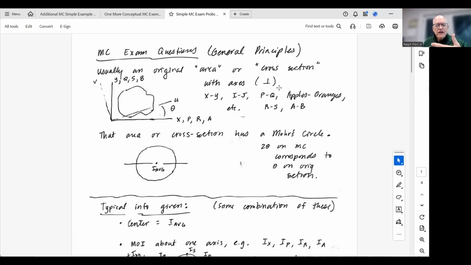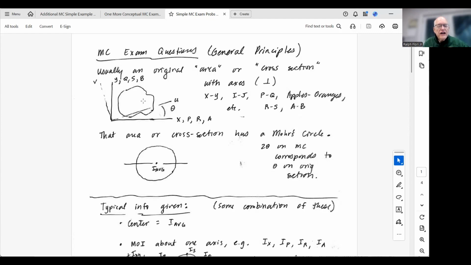And then there's a set of rotated axes or some different coordinate system that you could call UV, PQ, JK, or whatever. Those axes are 90 degrees apart on the cross section, and they're 180 degrees apart on Mohr circle.